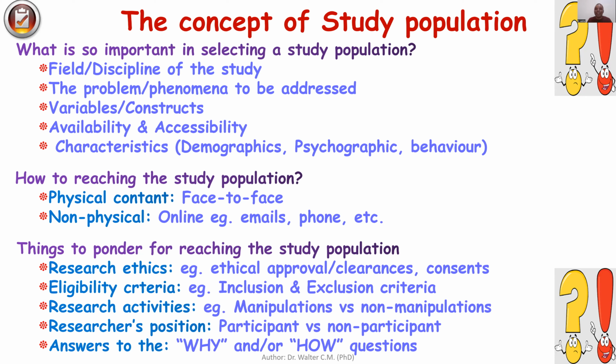And then you are saying that your study population must be available, easily available, and accessible. They can be available, but not accessible. For example, you say I'm going to study eating habits among maybe Sandawe people, maybe Hadzabe people.